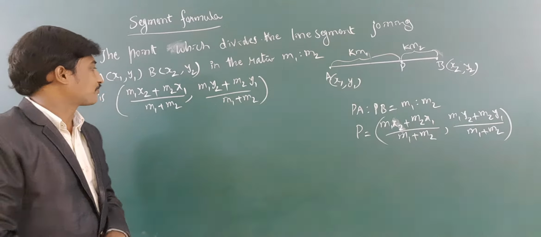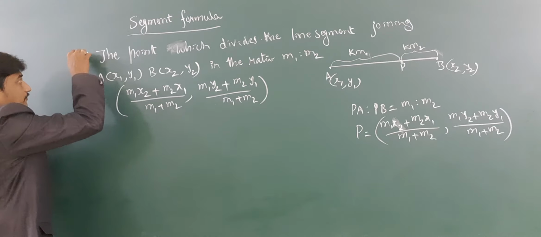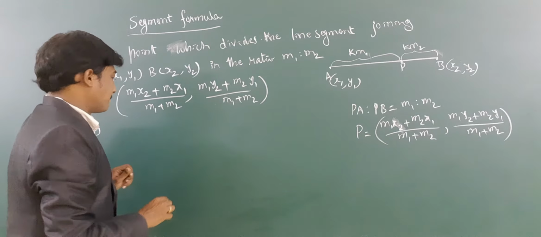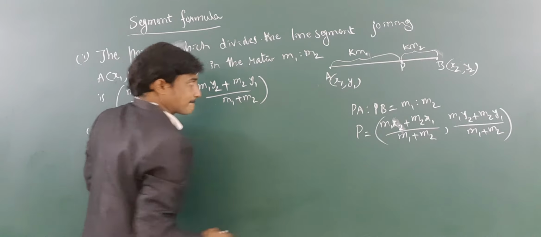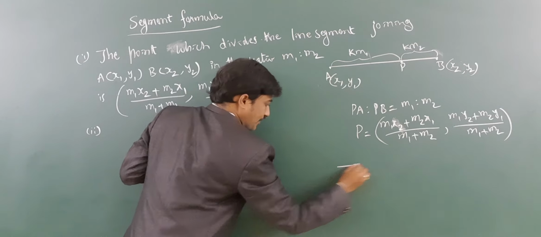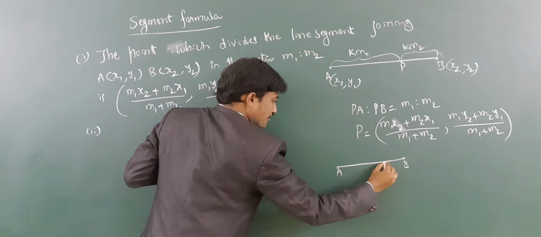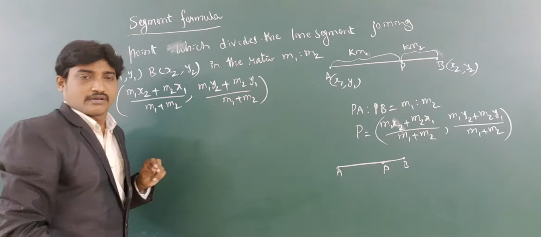And one more. Here, on the other hand, we can write that there is a line segment joining AB. P is a point on AB.